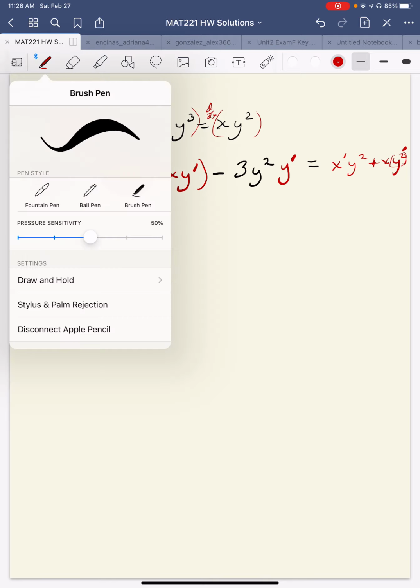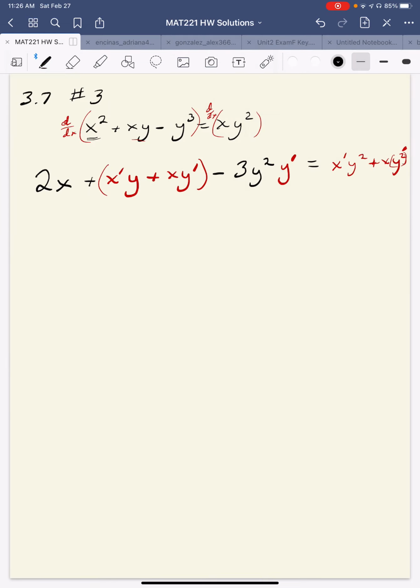Okay, now so I have 2x plus, the derivative of x is just 1, so that would be plus y, and then plus x, and the derivative of y is dy dx.